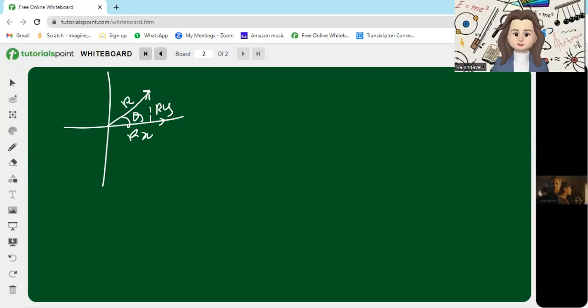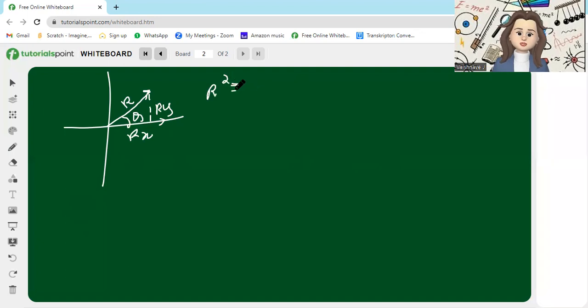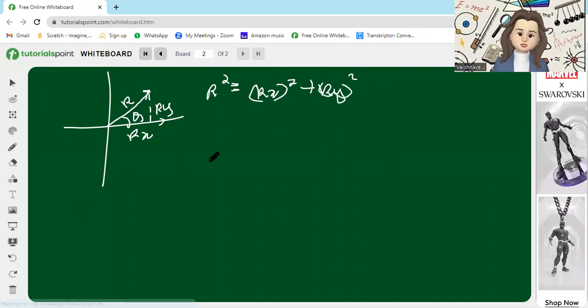But for now, by the Pythagoras theorem, can you say that R square is equal to Rx square plus Ry square? Yes, we can.